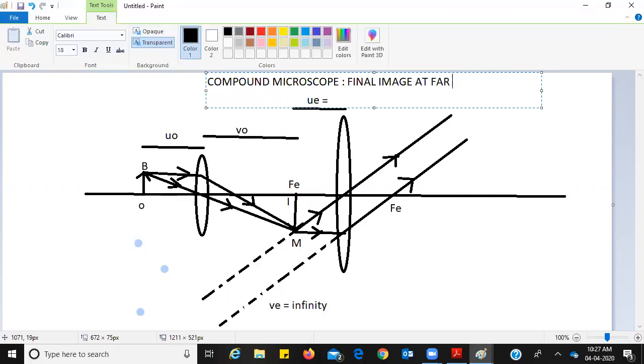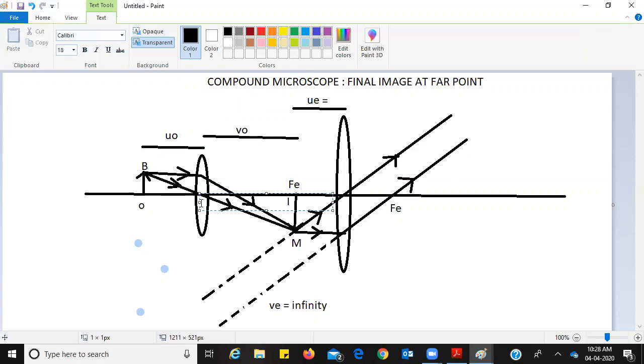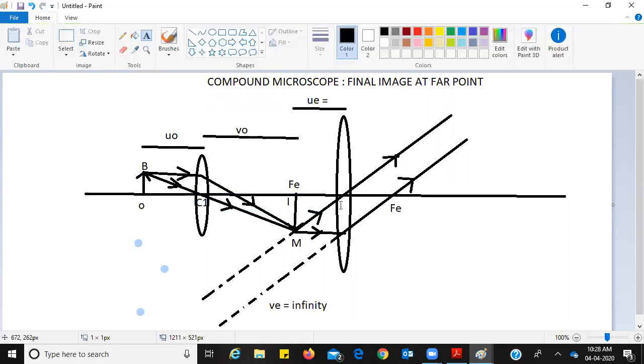Final image at far point. So V is infinity. Image is formed at far point, right? Now this is C1. This point is C2.